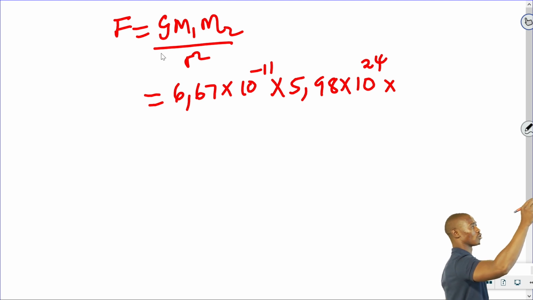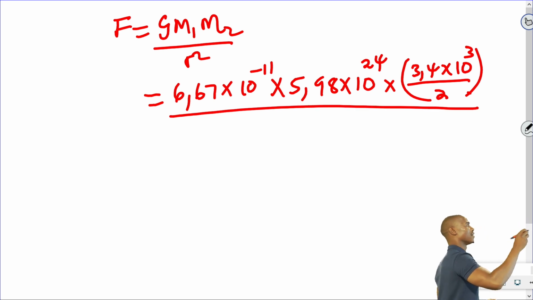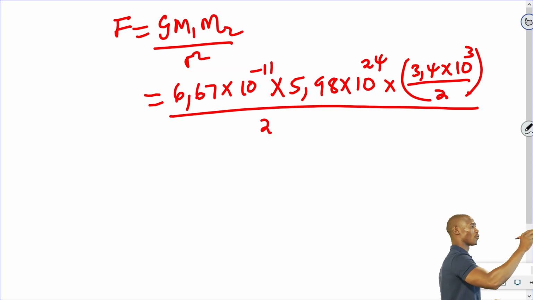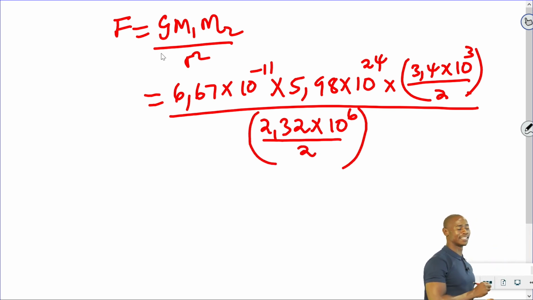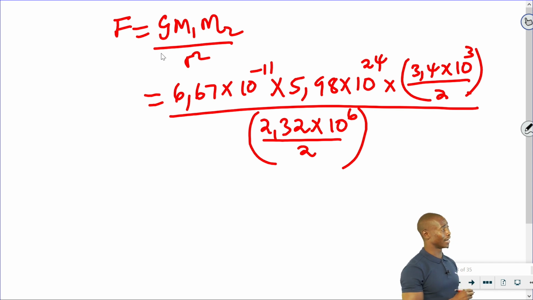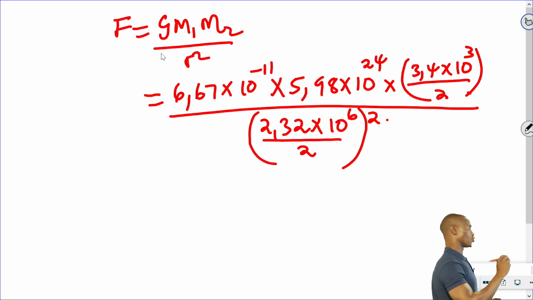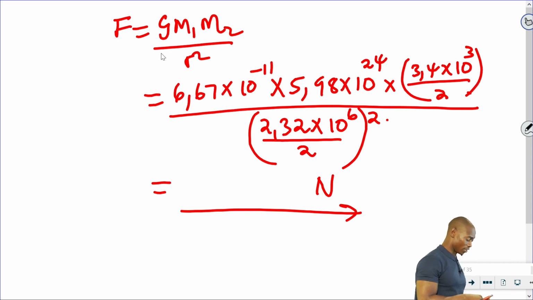So here it will be 3.4 times 10 to the power 3 divided by 2, because it's half, over the distance 2.32 times 10 to the power 6, but we need to divide that by 2 because it's half the distance between satellite A and the Earth. So all squared. Then we'll get the answer in newtons. So let's find that answer.